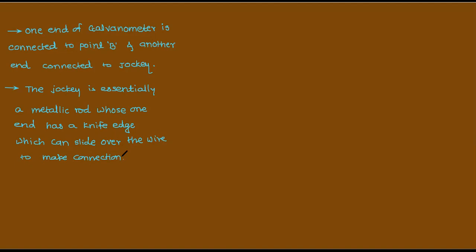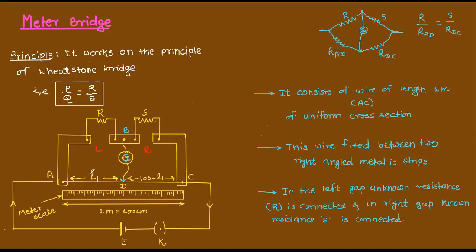Even in the labs, we have practicals. When we do practicals, at that time I will show you everything clearly. Here I will show you. See here, this galvanometer to this D point, this arrow is there. Here we will connect the jockey, which will ride on this wire.